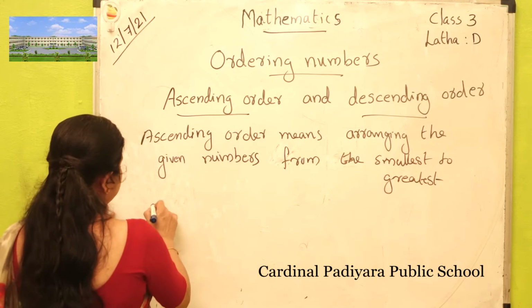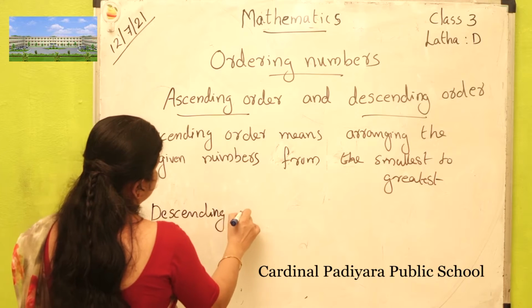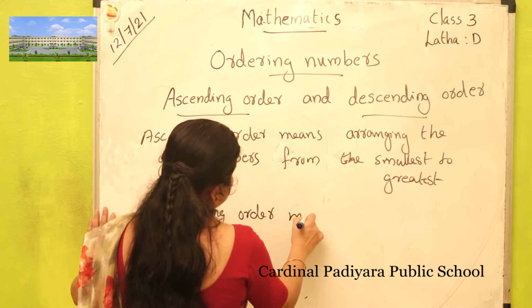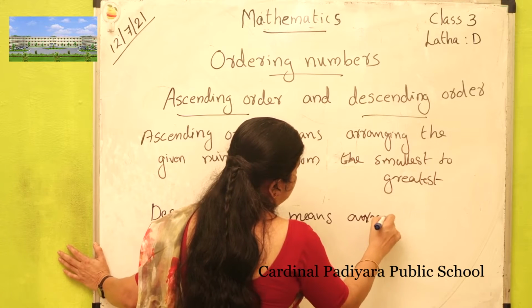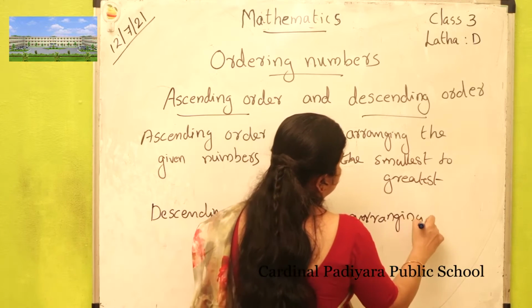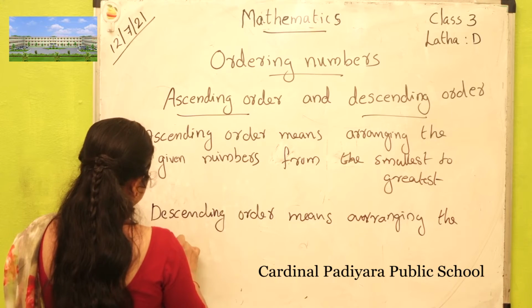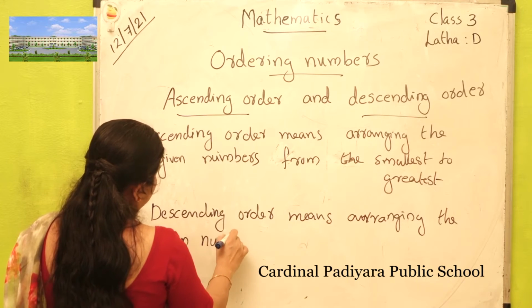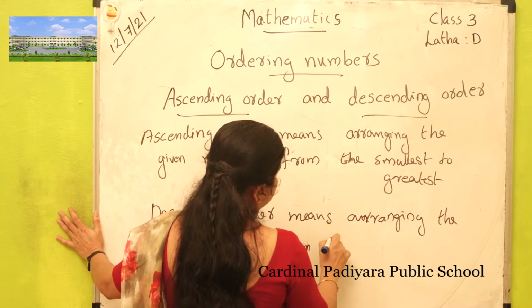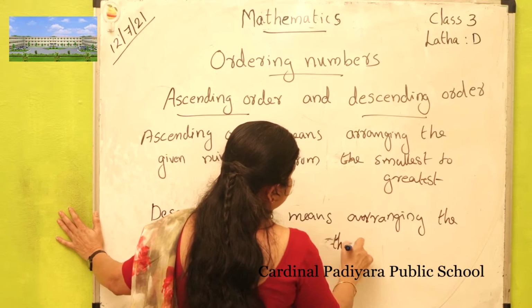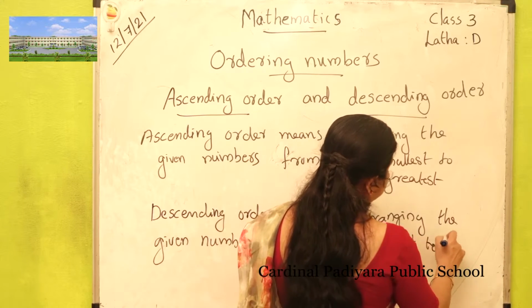That is, descending order means arranging the given numbers from the greatest to smallest.